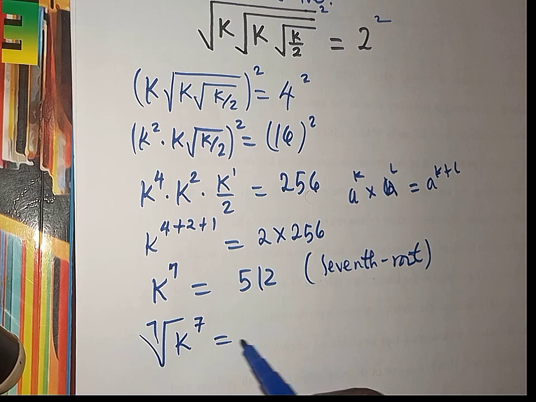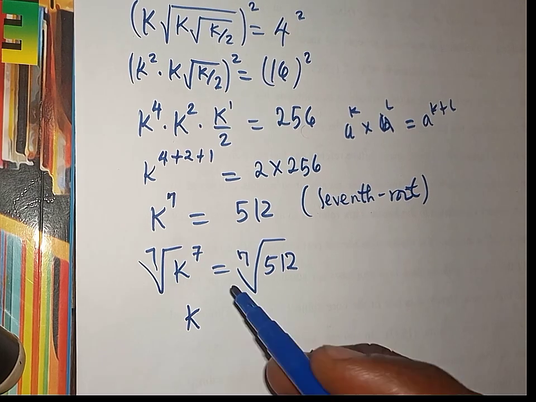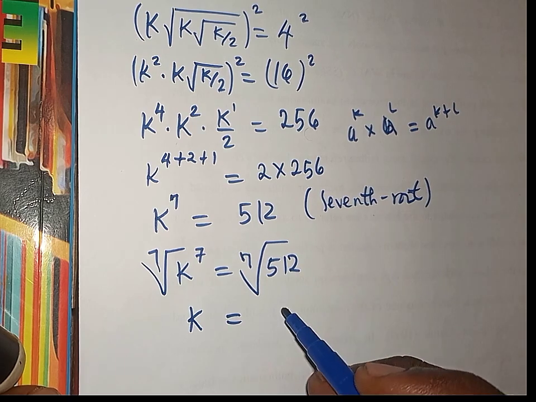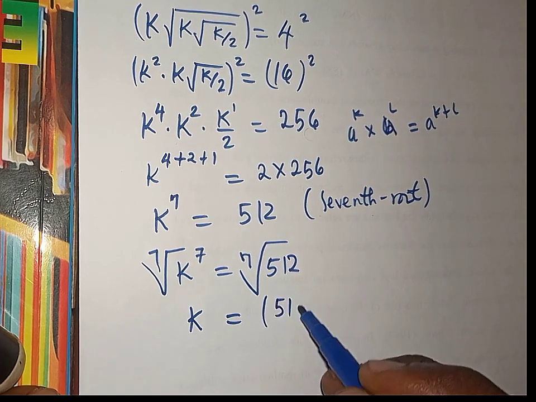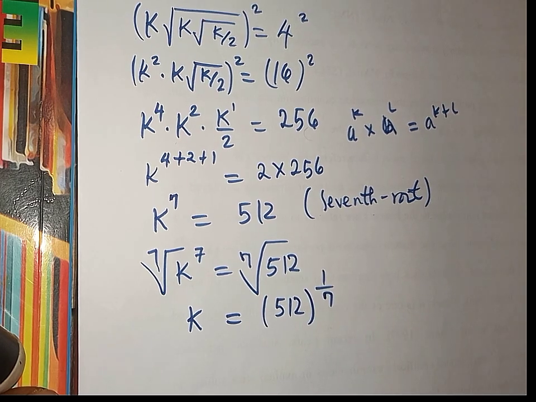Taking the 7th root of both sides, you can see that this 7 cancels, and we have k equals 512 raised to the power 1 over 7.